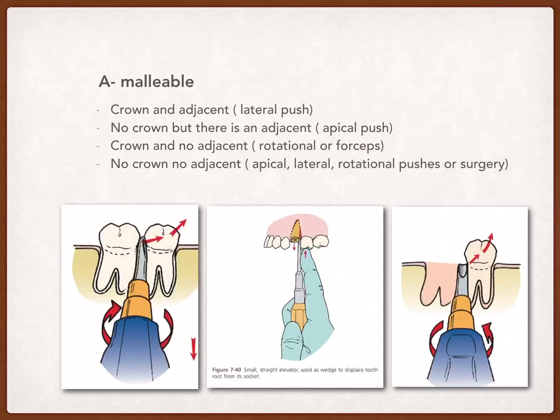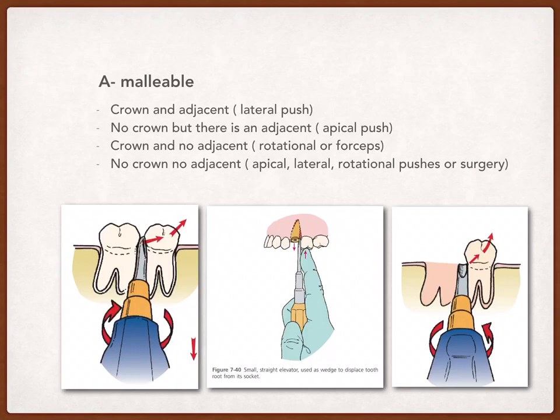The malleable teeth are either with a crown and an adjacent tooth. As you can see here in this left picture, the tooth has a crown and has an adjacent tooth, so the luxation in this procedure is by inserting again, for the third time, the small straight elevator in the interdental space and pushing the intended tooth to be luxated.